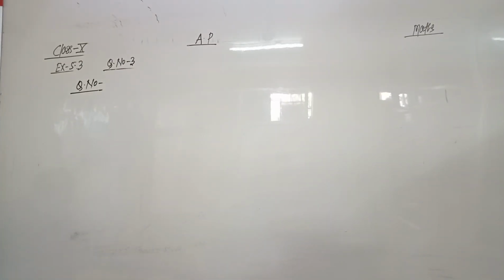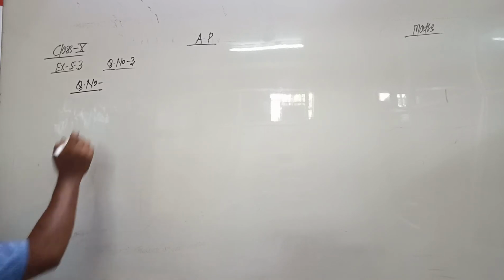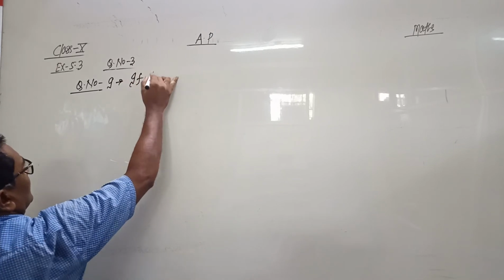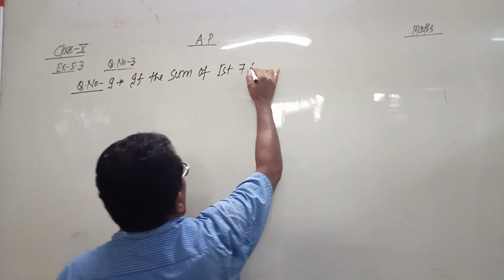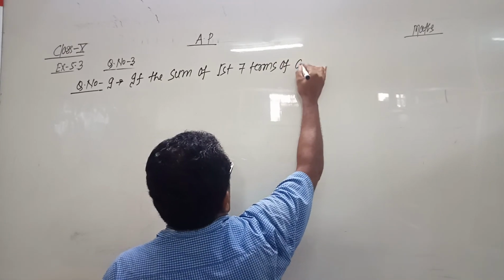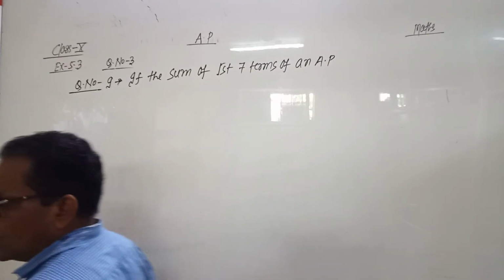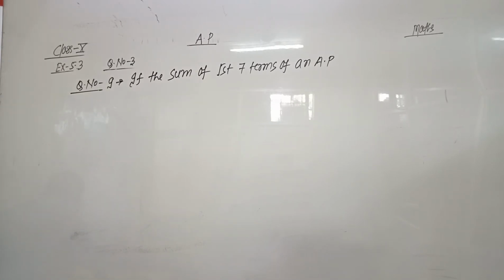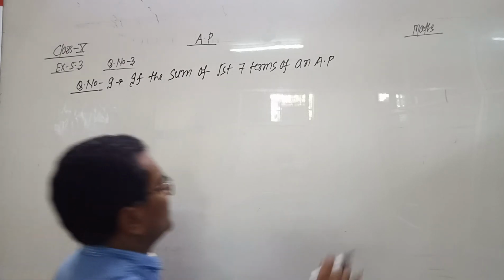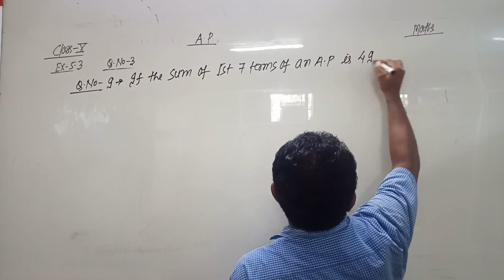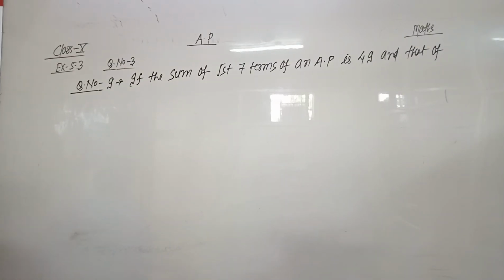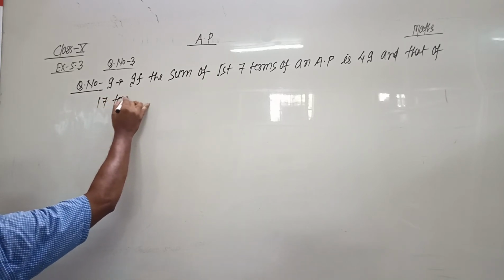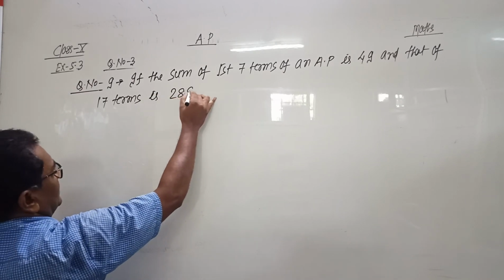Question number 9. If the sum of first 7 terms of an AP is 49, and that of 17 terms is 289, then find the sum of first 10 terms.